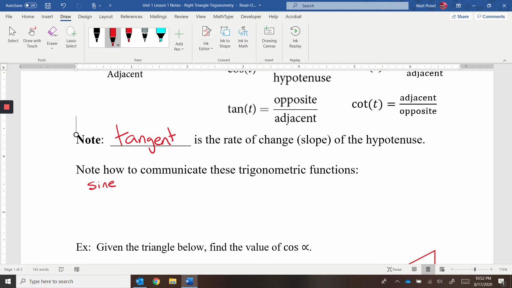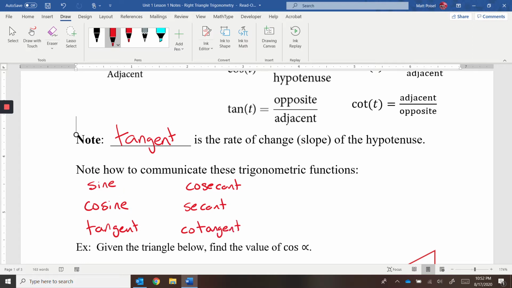We're fine abbreviating it just S-I-N, and that's the button you look for on your calculator. We have cosine, tangent, and then the reciprocals are cosecant, secant, and cotangent.